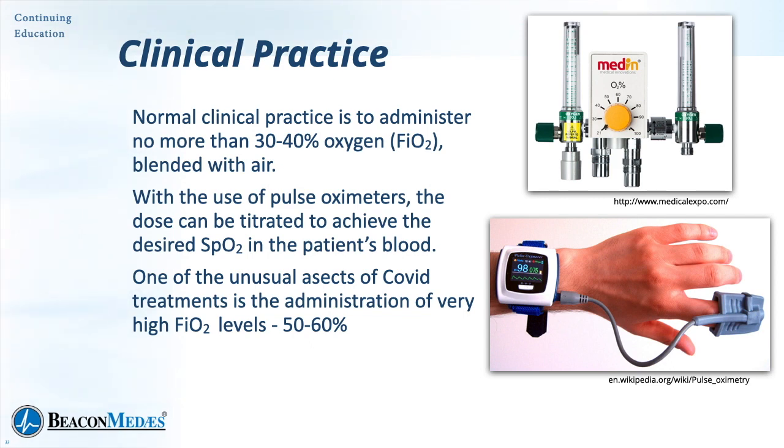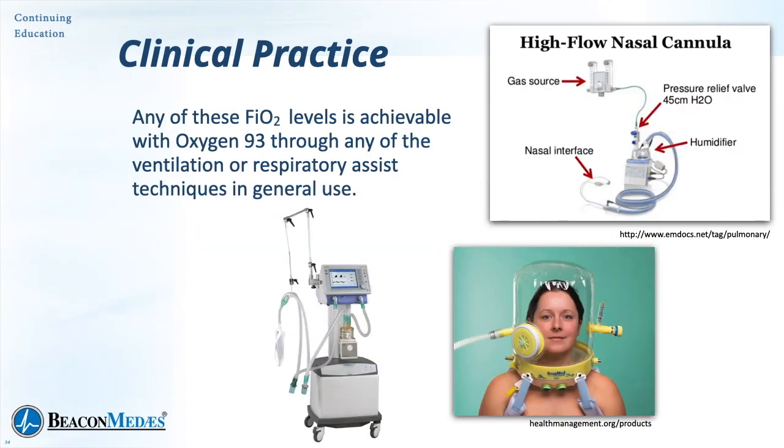So it's important to recognize that we are going to use more oxygen, and we're going to use it in a somewhat different way with COVID patients than we have been used to with traditional therapies. Now, that doesn't mean that we can't achieve this with concentrator oxygen. Of course we can. We have oxygen 93, 90 to 96% oxygen. We can quite easily attain a FiO2 in the 60% range.